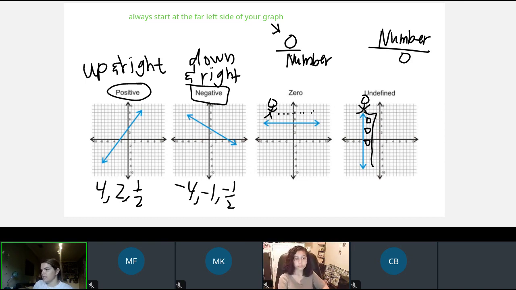You're just going to go straight down, right? It's not a rate of change. You're not going down at a rate of 2 miles an hour. So this is undefined. There is no way to define that. So if you have a number divided by 0 or a vertical line, that slope is undefined.